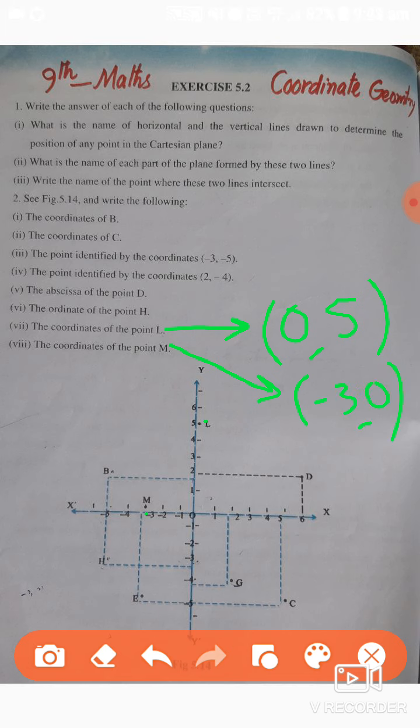So these are the coordinates of the points. In this way, we learned how to locate the points and determine the coordinates of given points in a Cartesian plane. This exercise was all about the previous concepts.